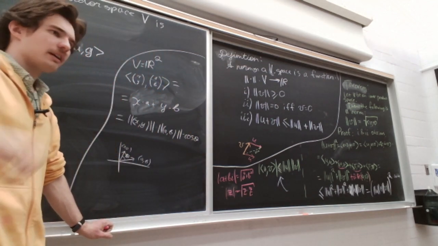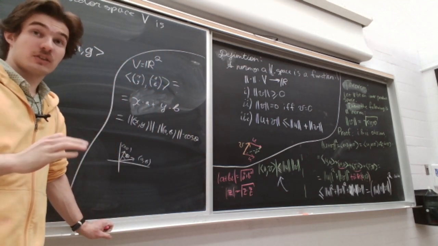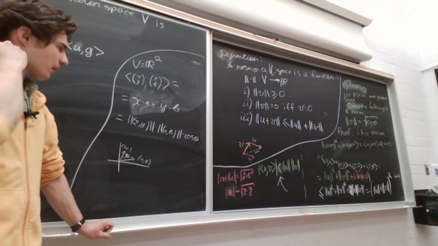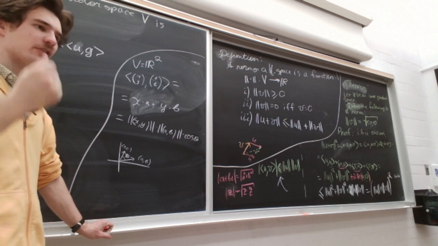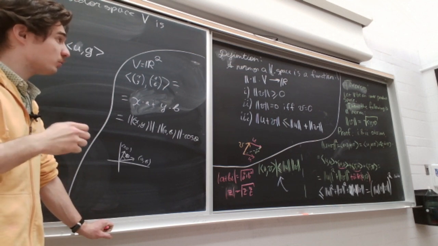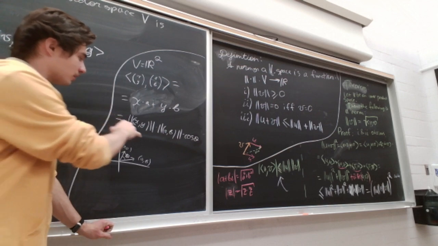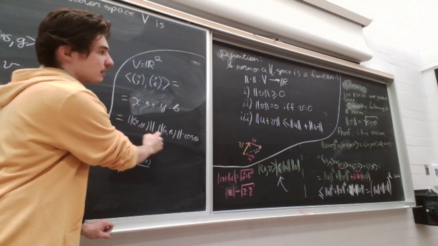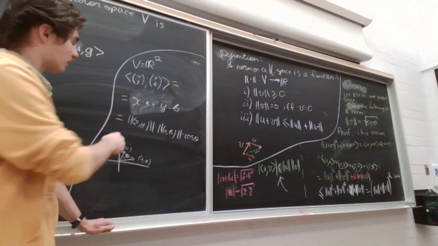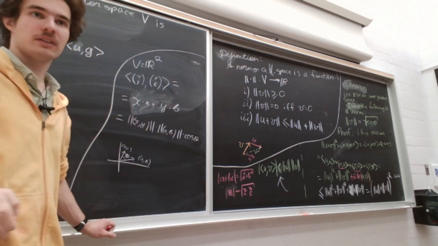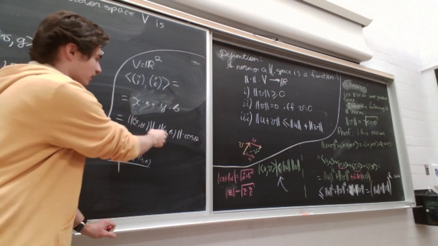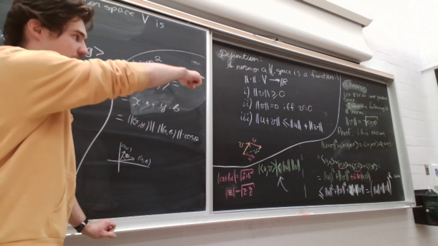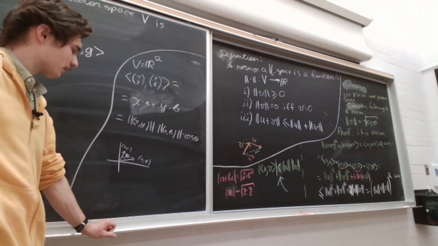Now if you think about the inner product as just some function, well, okay, if I have a function, then I can compute all of these norms, right? Because I said that the norm comes from the inner product. And you can actually check that these norms are in fact the same as that norm defined from this inner product.